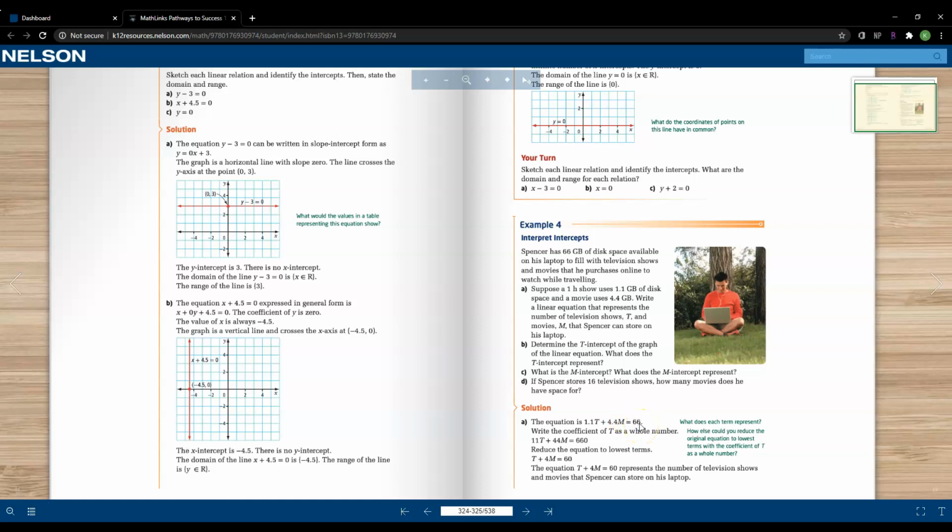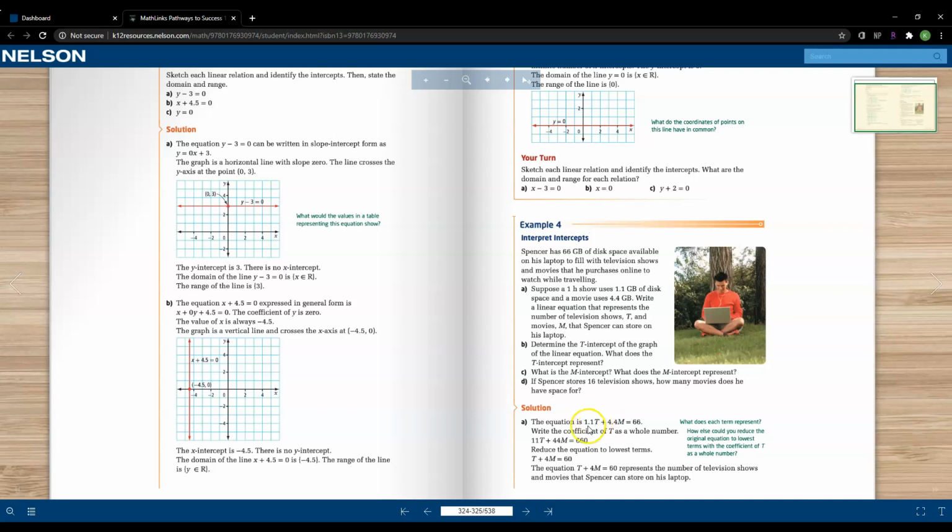Okay. From here, they want us to write it in general form, I believe. To write it in general form, just think of T as the x value and M as the y value. You could have done it the other way around, and it'll still give you a correct answer, but in this case, we take T as the x.